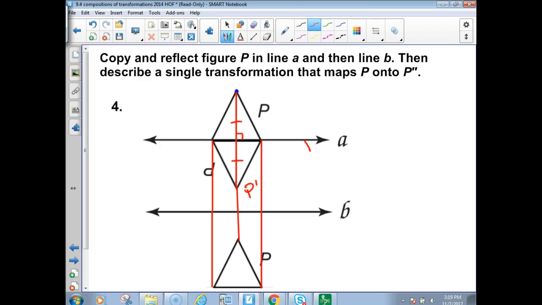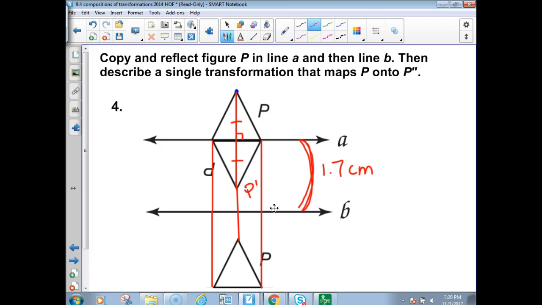Can you guys tell me how far it is from here to here? I got 1.7 centimeters. You did inches? 10/16. Let's do the centimeter side, so we all agree to something. 1.7 centimeters.